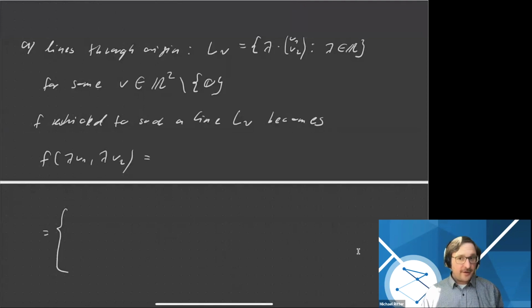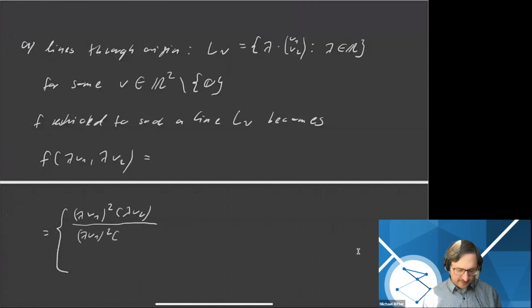For x not equal to 0, so λ not equal to 0, that means we get (λv1)² λv2 divided by (λv1)² plus (λv2)². That's true as long as λ is not 0, and we have 0 for λ equal to 0.